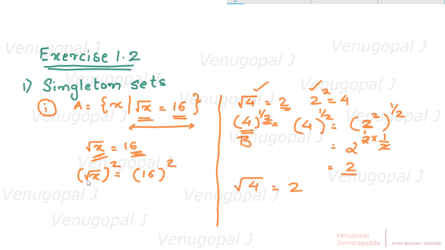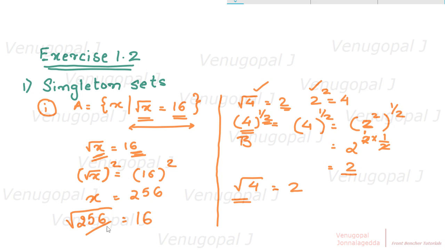When I square the LHS, I get x. Understand this and apply it over here; you will know why I got x. So x is raised to half, whole raised to 2. So x is equal to 16 squared, which is 256. So I know that square root of 256 is equal to 16.